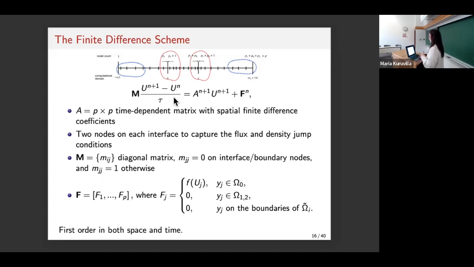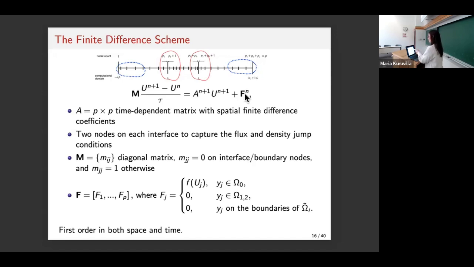In this way, we can define a finite difference scheme that looks like this expression, where we have a forward-backward scheme, because I'm taking the nonlinear term in F as a forward step, but I'm doing a backward step on the spatial.